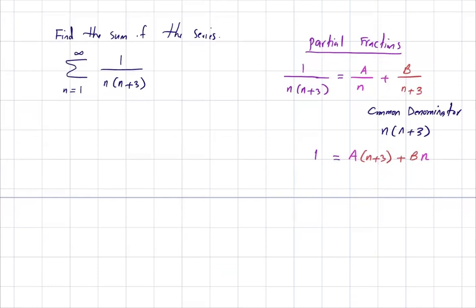So if you set n equals to -3, -3b becomes 1, so your b is -1/3.